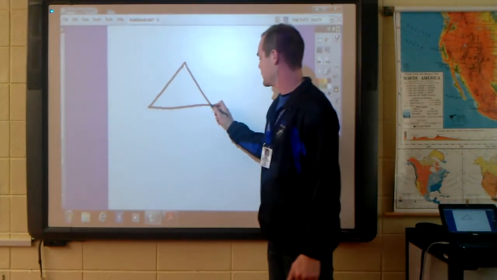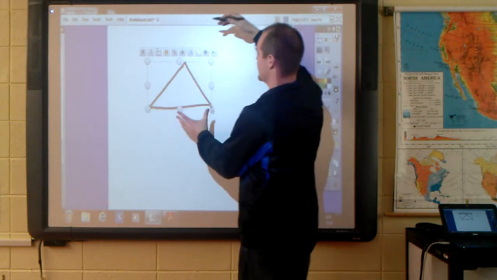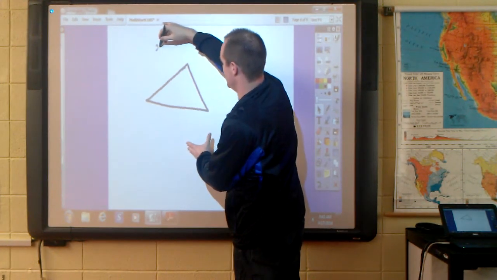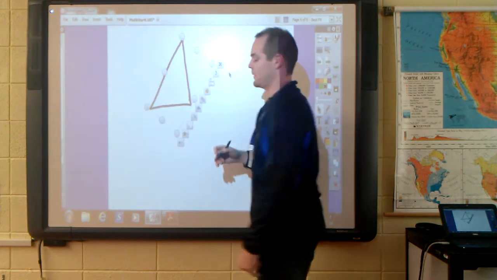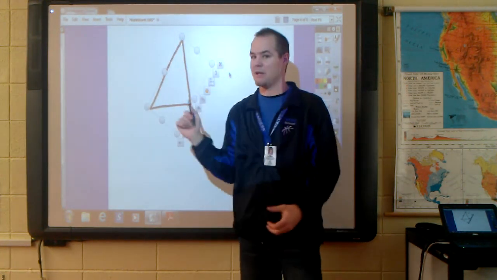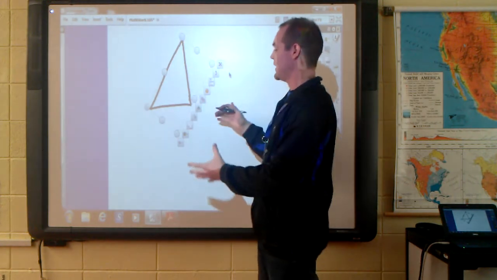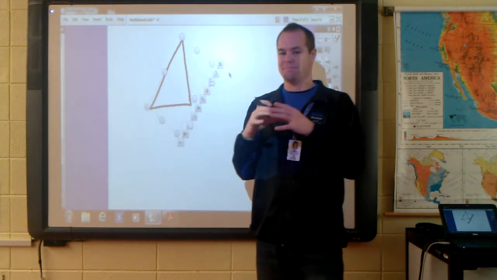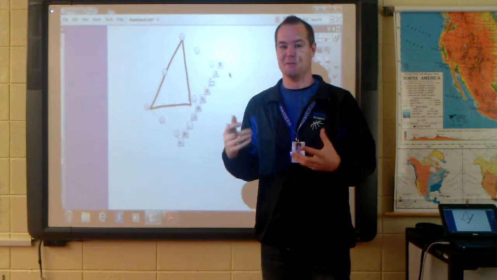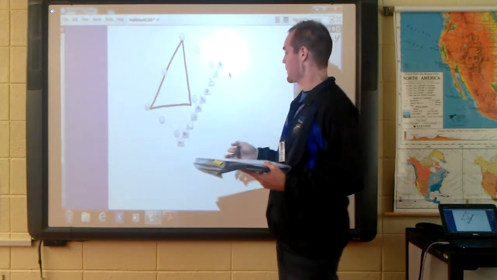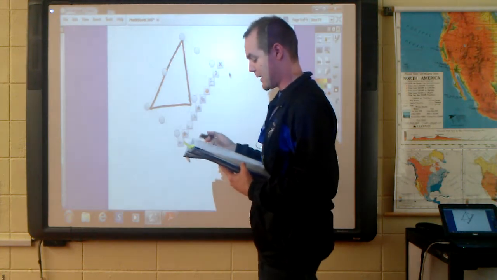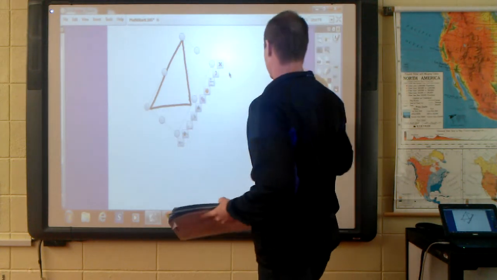All right, now rotational symmetry. If I grab this triangle and I rotate it, ooh, that was poor. Okay, but if this would be a perfect equilateral triangle, as I rotated it that way, it would basically fall into the exact same spot that it was previously, and that's where we get our rotational symmetry. Okay, and it does that, of course, 3 times.